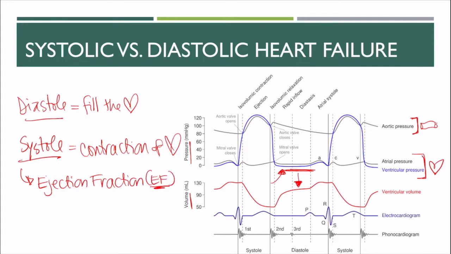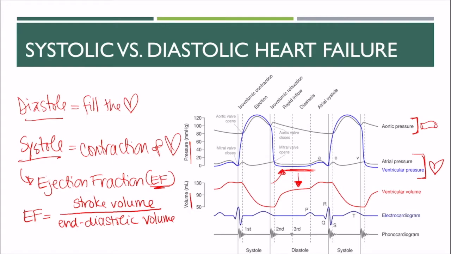The ejection fraction is a really helpful way of describing how successful systole is, because ejection fraction is the stroke volume, or the amount of blood that leaves the heart in one beat, divided by the end diastolic volume. And then you just multiply that by 100 to make it a percent.